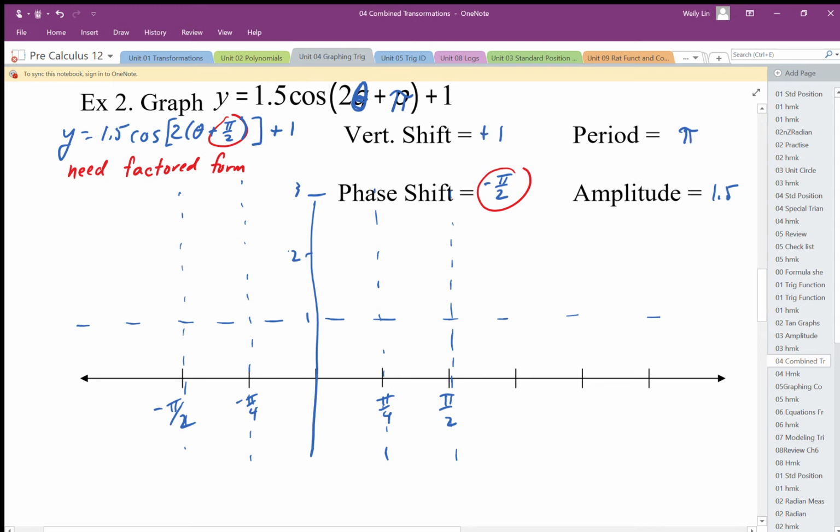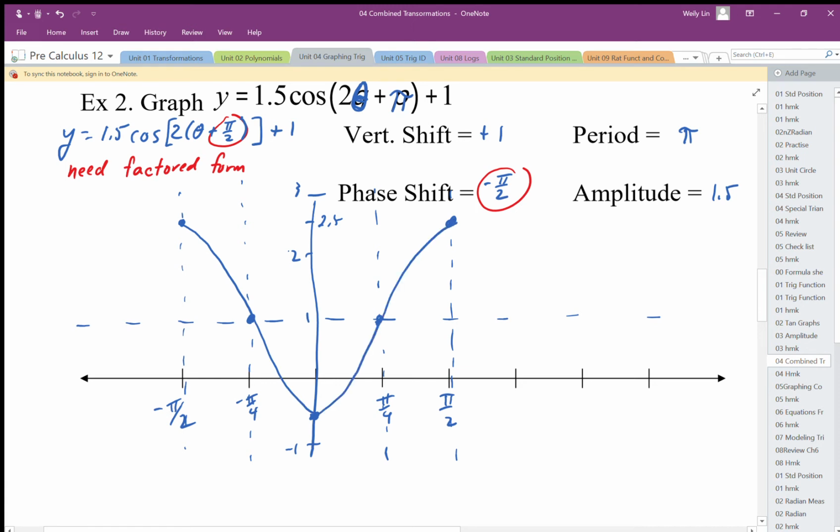This is a cosine graph, so I'm going to start at the top, at 2.5. So I need to go 1.5 down to the middle. Negative 1 is going to be about here, so I need to go 1.5 down, back to the middle, back to the top. So those are my important coordinates there. And I'm going to sketch that graph in. Those are my 4-part symmetries. So there's my 4 quadrants, and there's my graph.